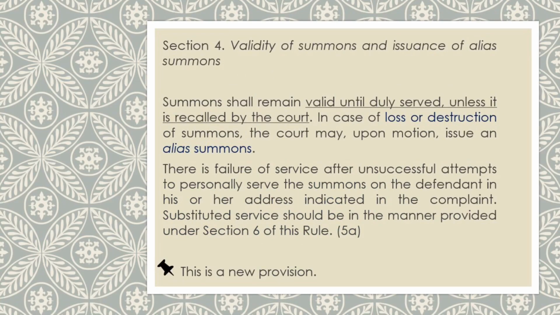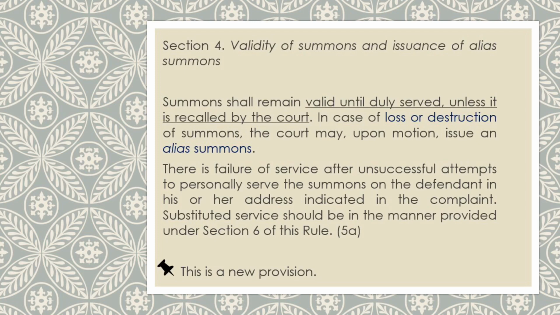Section 4 is a new provision. Section 4, validity of summons and issuance of alias summons. Summons shall remain valid until duly served unless it is recalled by the court. In case of loss or destruction of summons, the court may, upon motion, issue an alias summons.